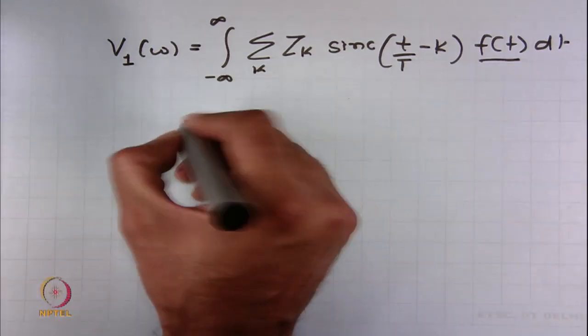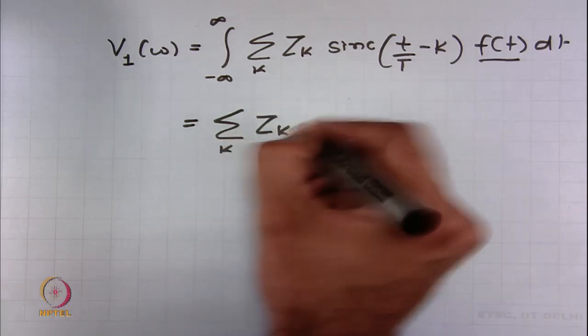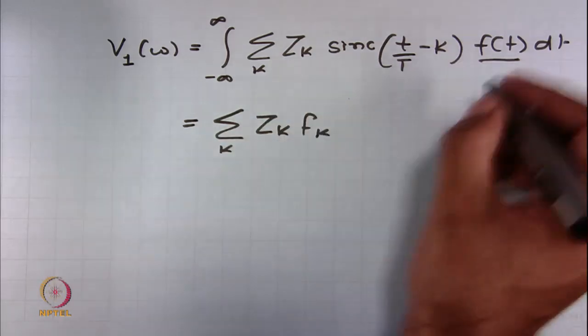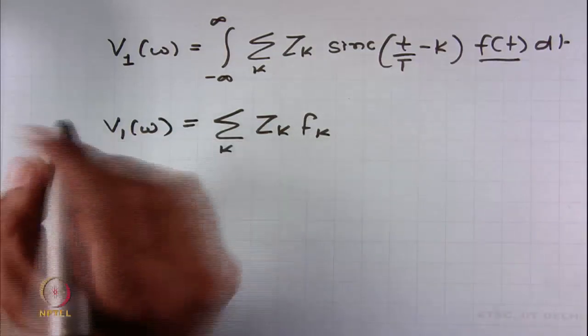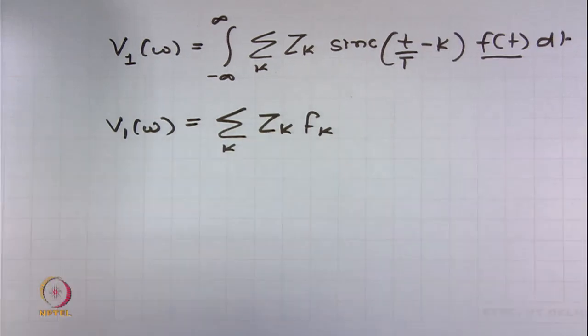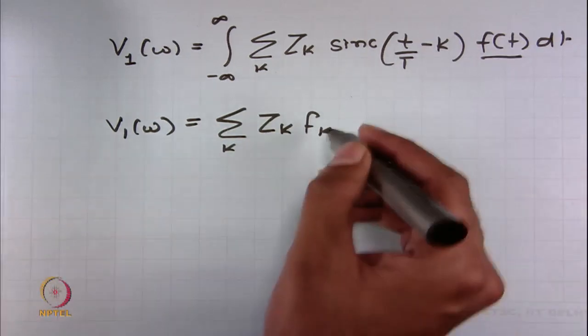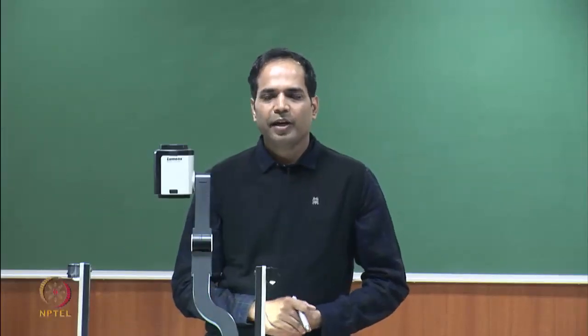So, similarly you can show that, using the same analogy, V1 omega is again a linear combination of independent Gaussian random variables, where the value f k is decided with the k and what function you have assumed.